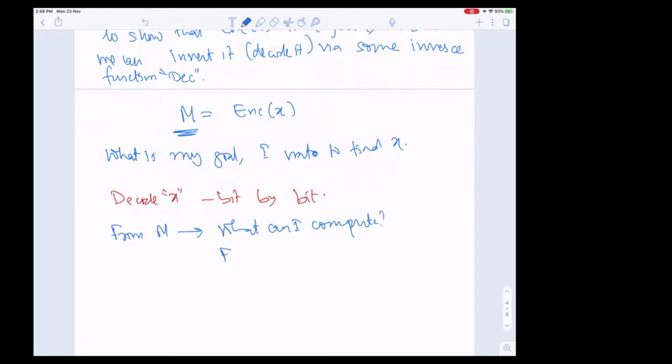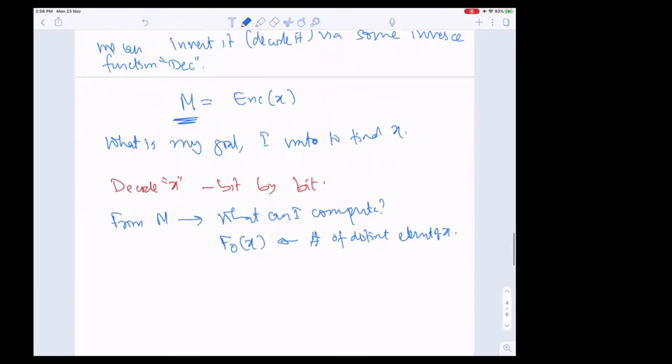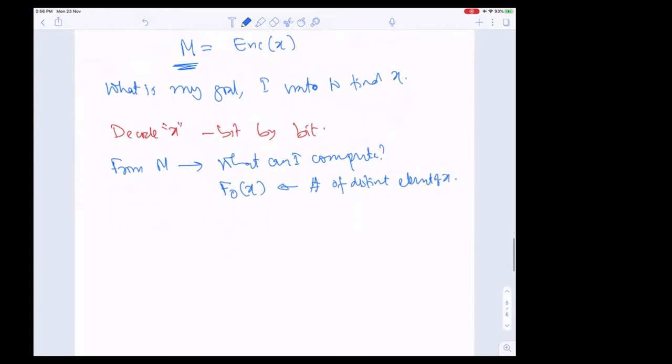I can compute F0, the number of distinct elements, of the stream. This I can compute. Let's call it just F0. So from m, I compute F0, the number of distinct elements in the string.